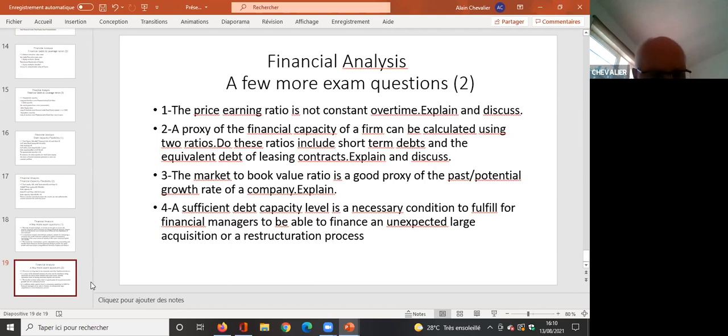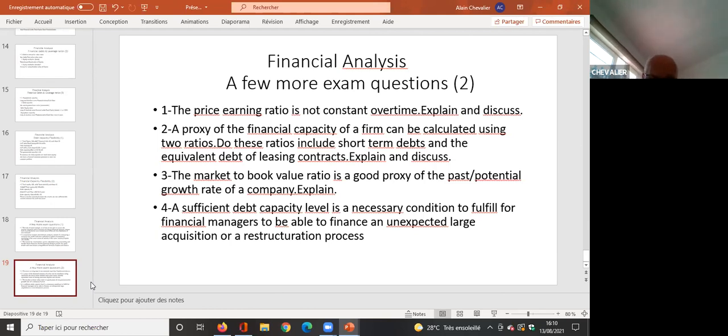But this debt capacity should be used to negotiate potential loans with a bank. This is what we call multiple option facilities. It means you negotiate with a bank the possibility to get a large amount of cash in 24, 48 hours. And of course, you pay for these options, and you pay when you use the options.